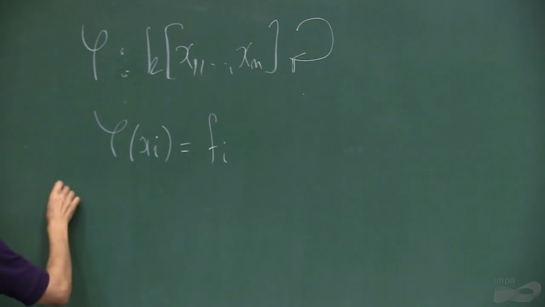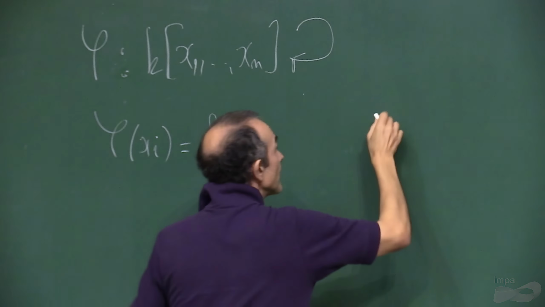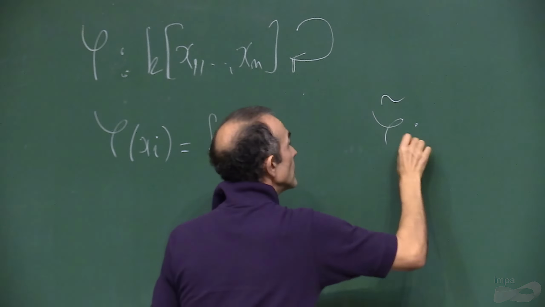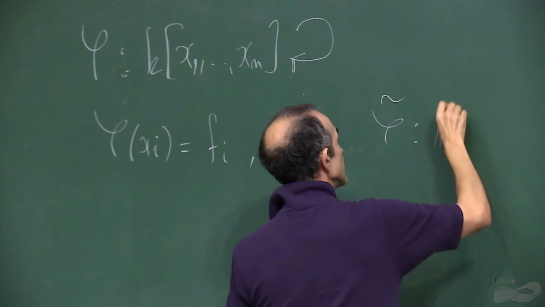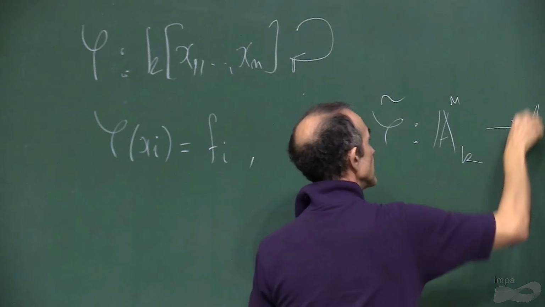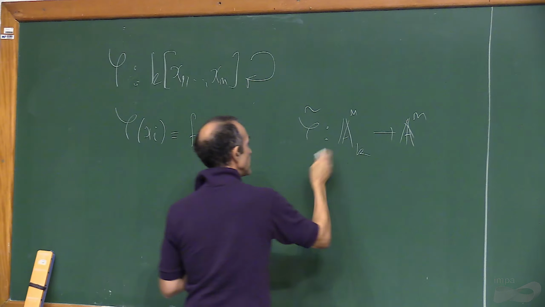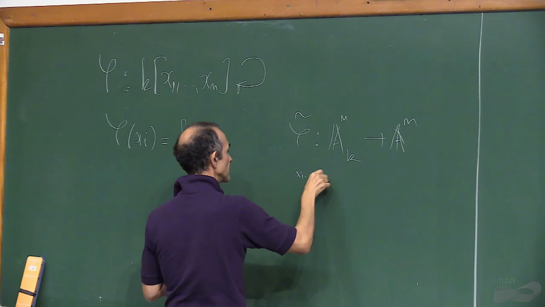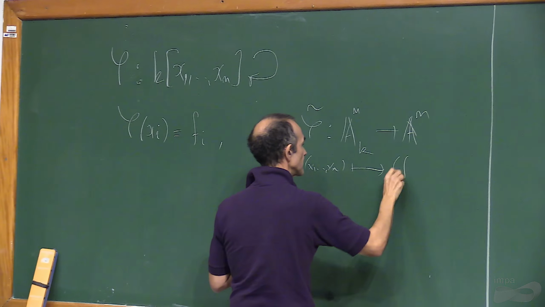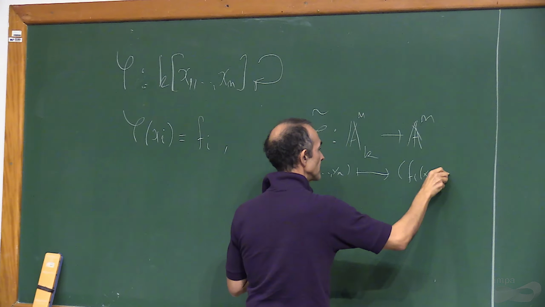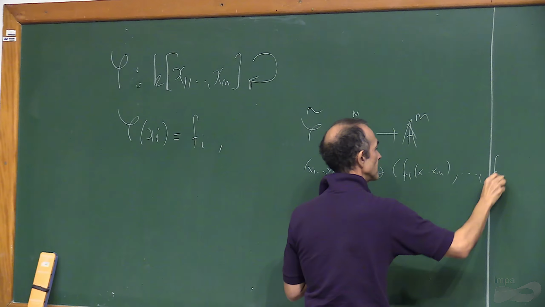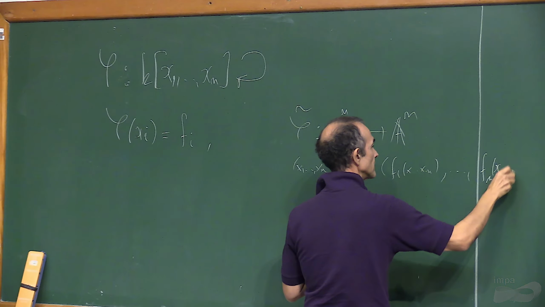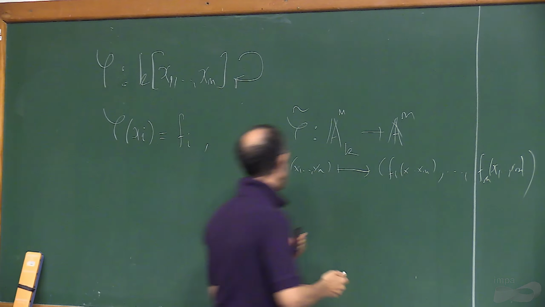And we may define another map by using these polynomials. Okay?